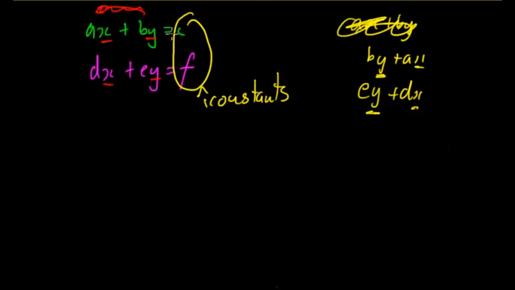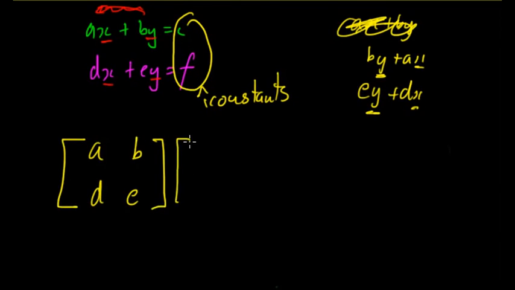So if we have ax plus by is equal to c, then dx plus ey is equal to f. Now we can represent this linear system using matrices. We do that by going A, B, D, E, times X, Y. If you multiply these out, we get on the top AX plus BY, and on the bottom DX plus EY.